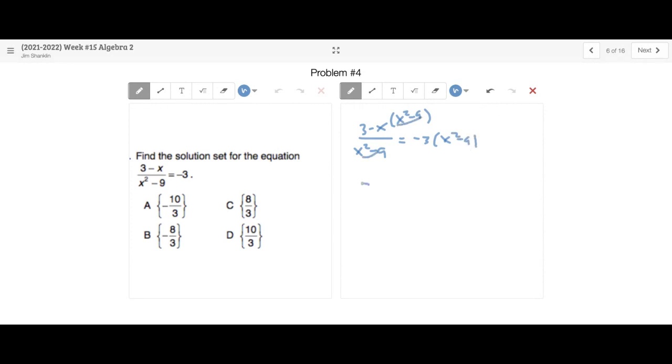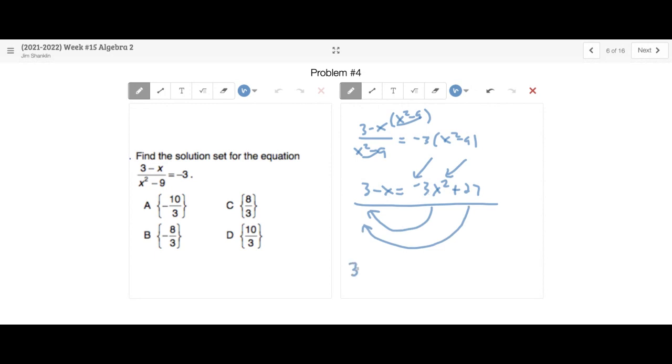This crosses off. I'm left with 3 minus x equals, I'm going to multiply the negative 3 through, so negative 3x squared plus 27. Now, this is a quadratic. Why is it a quadratic? This 2 right here tells me that. Now, this is negative, so I'm going to move everything to the left-hand side, because I want my x squared to be positive.